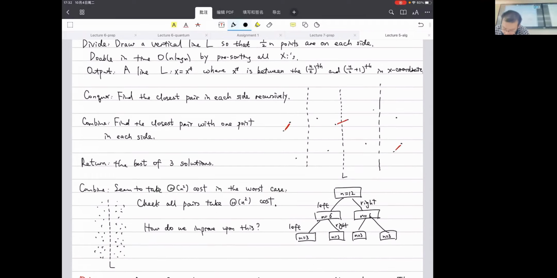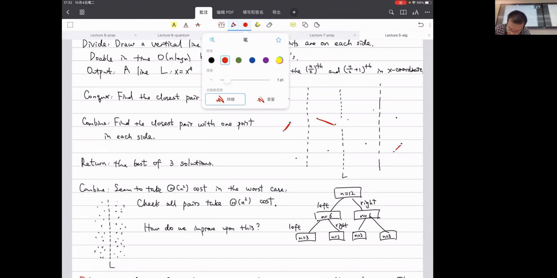This part is the left, and you can just brute force check. For instance, this is the shortest. Let me erase this because this is not originally there.